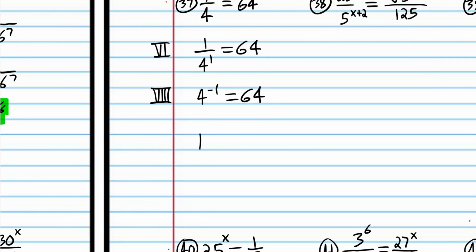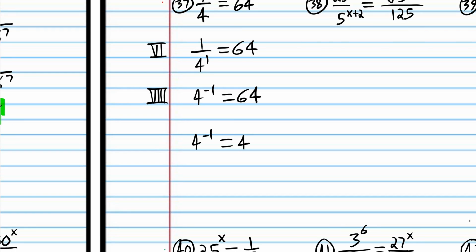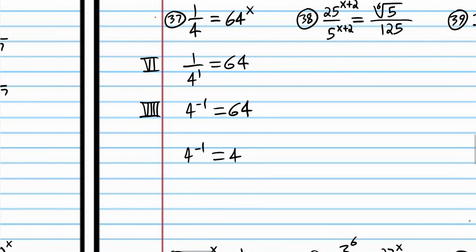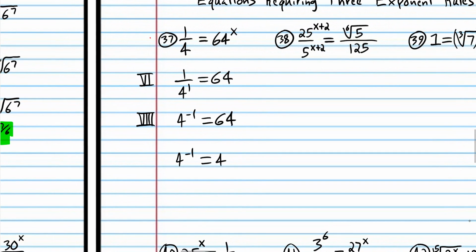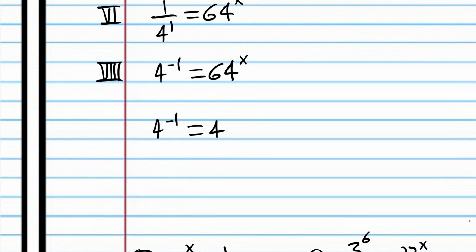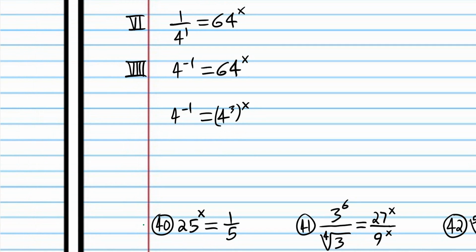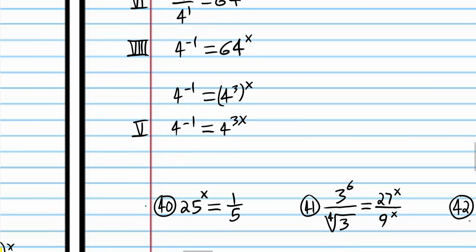And then I'm going to change that 64 to 4 to the, whoops, I forgot to write my x, sorry about that. I'm going to change that 64 to 4 to the 3rd power. And then I'm going to use rule number 5 because we have a power raised to another power. So we have to multiply those powers, so that becomes 4 to the 3 times x.